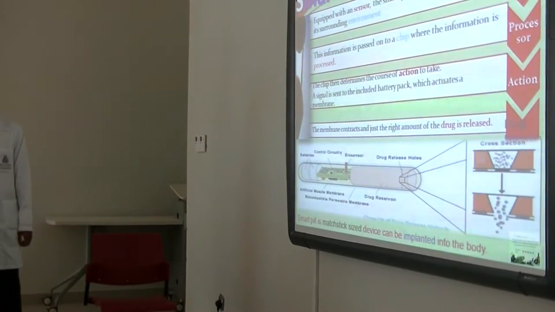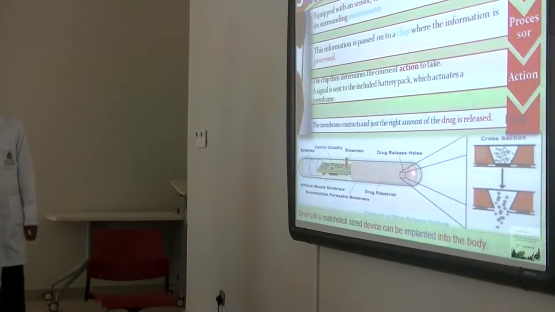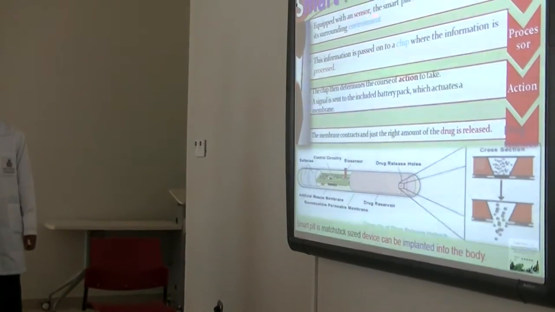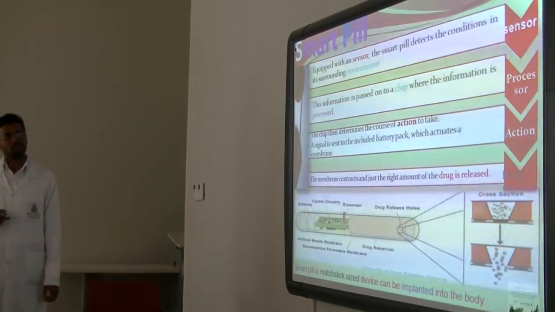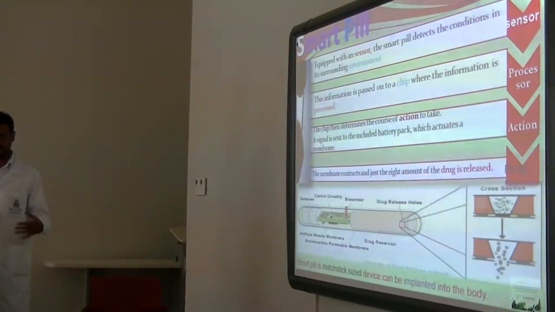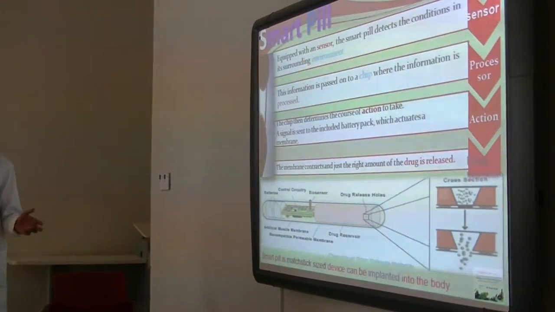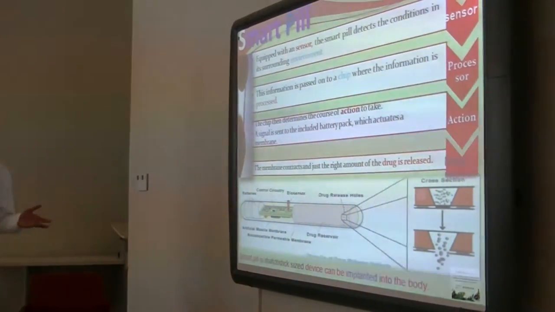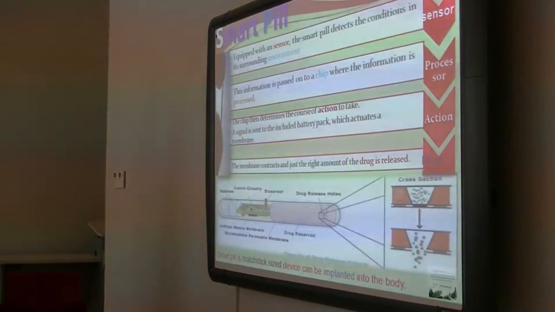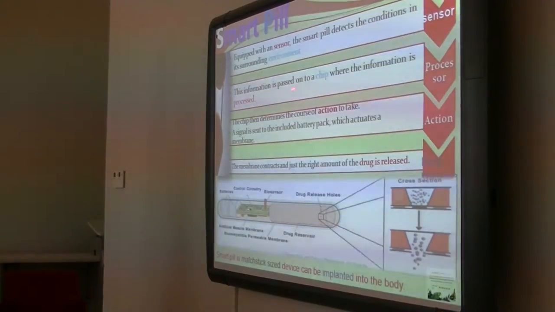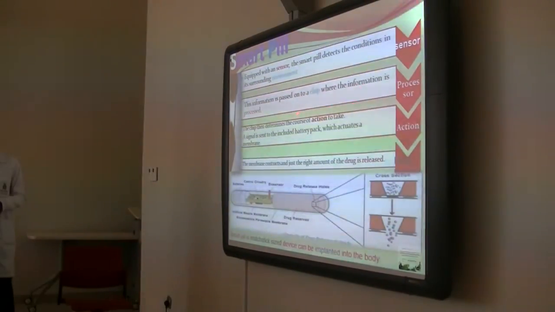The smart pill is itself equipped with the sensor, which will detect the environmental condition. The condition will depend upon the enzymatic change, and like previously what we have seen, temperature change, pH change, and that will give the information.